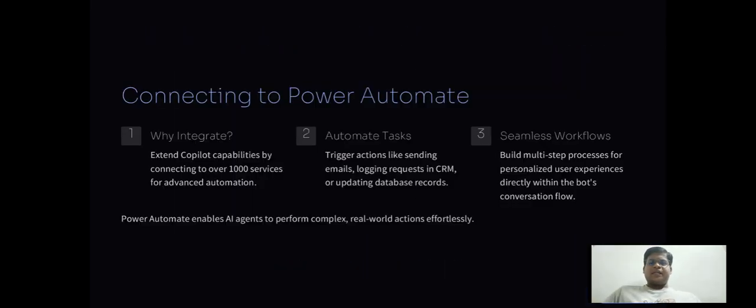So as I had mentioned, that using Power Automate, you can make several tasks automated, and there are provisions to connect over 1000 services for advanced automation, out of which I had already mentioned that you can introduce the feature of sending an email, and another one is to save the responses in the Excel document.